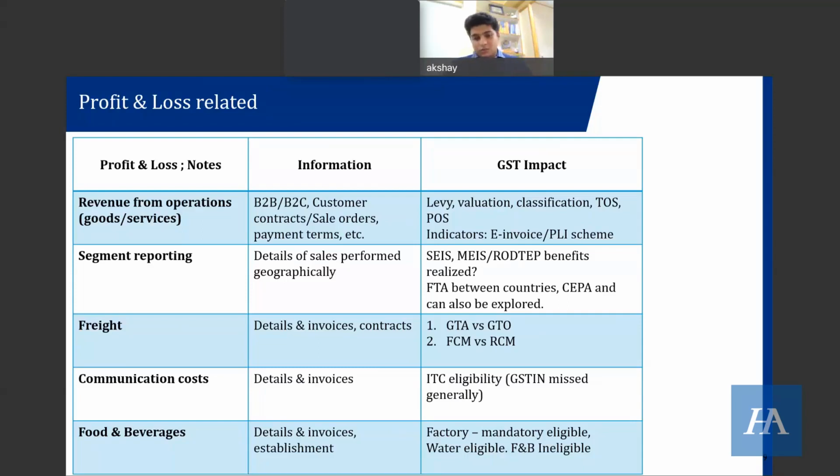That Bisleri water bottle is bottled sealed water against which there is a GST of 12%. Now that is not a beverage under GST. There's a Supreme Court decision, I think way back in 1999 on this, which said that water is not a beverage, and therefore the water credit is eligible. So other than this, generally the food and beverages credit would be ineligible.